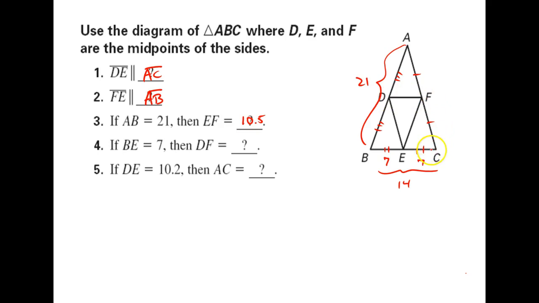DF is going to be half that length, or 7. If DE is 10.2, then we're looking for the length of A to C. That's going to be twice that, or 20.4.